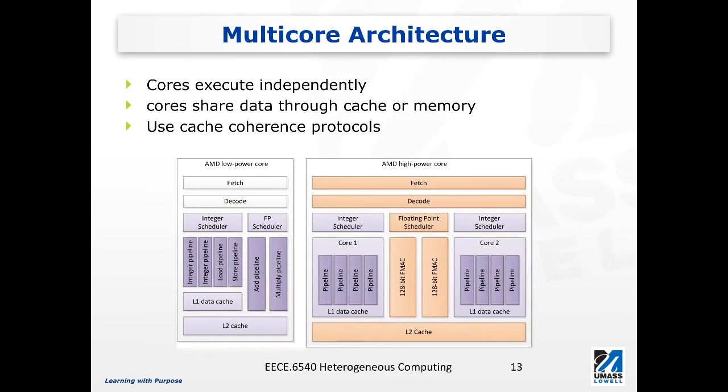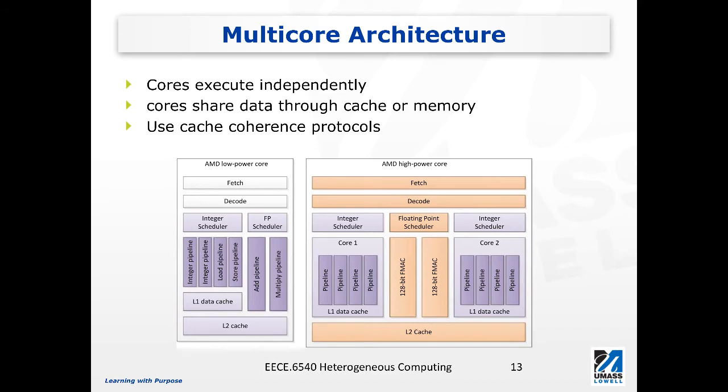Multicore architecture. It is not surprising that chip vendors produce processors with multiple cores for throughput-oriented computing. These cores execute independently. If they need to share data, they share through cache or memory. As we see in these two pictures down below, we have a single core processor on the left, and a dual core processor on the right.